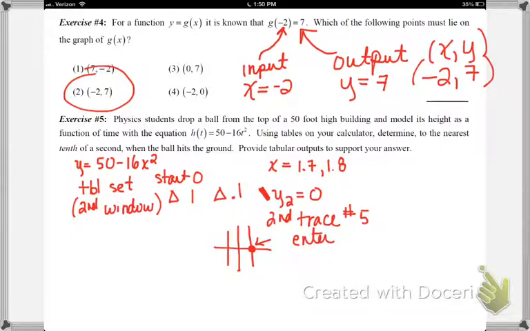It says second curve, you press enter again. Then it says guess, and you press enter again. And to the nearest tenth, your answer is going to be x is equal to 1.8.